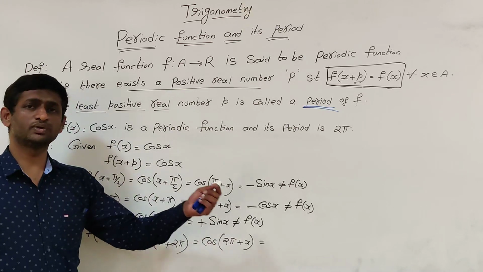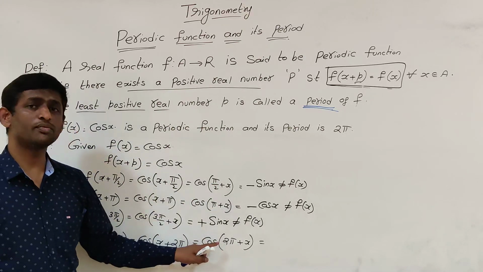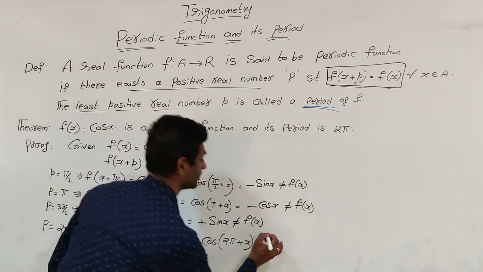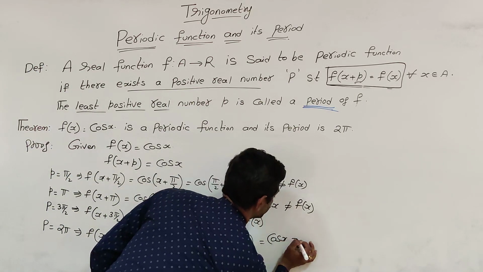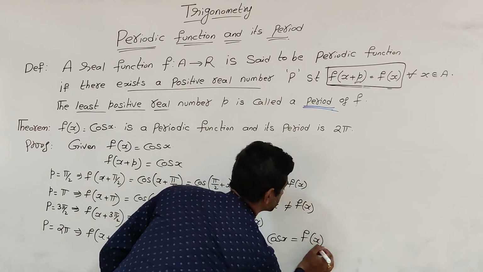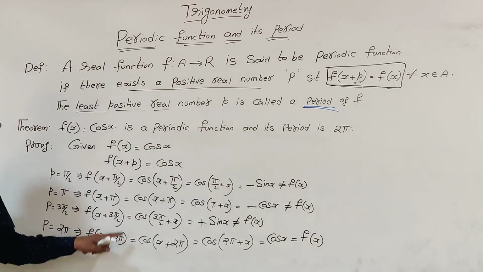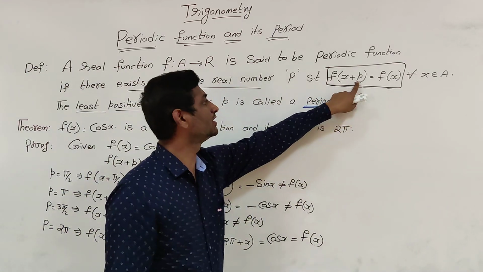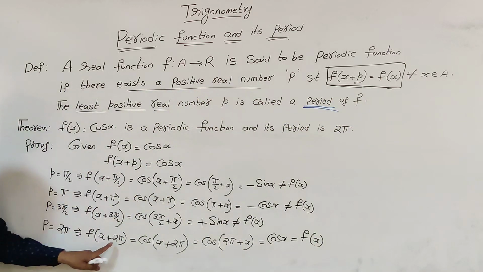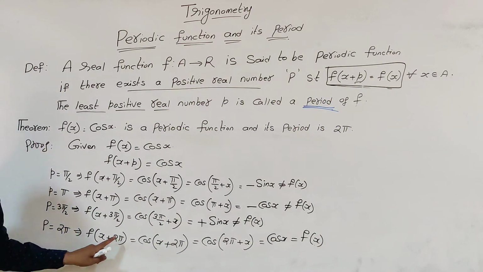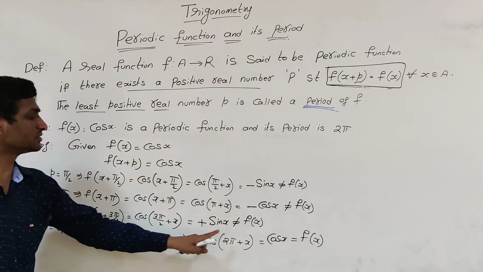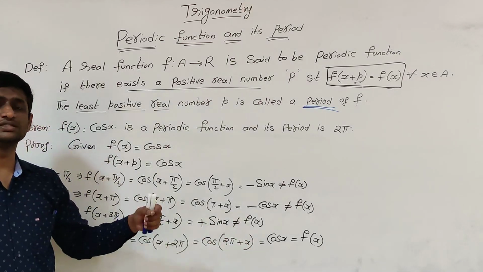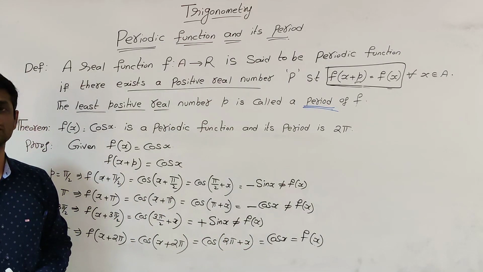So cos will be positive and the trigonometric ratio does not change. So it will be cos x, which is equal to f of x. Now check the condition. F of x plus p is equal to f of x, and what is p in this case? P is 2 pi. So f of x plus 2 pi is equal to f of x, meaning f is a periodic function.